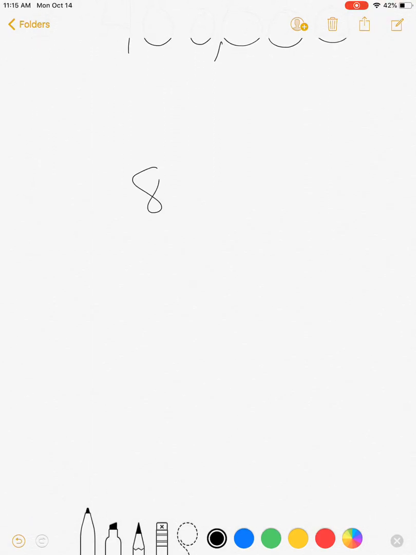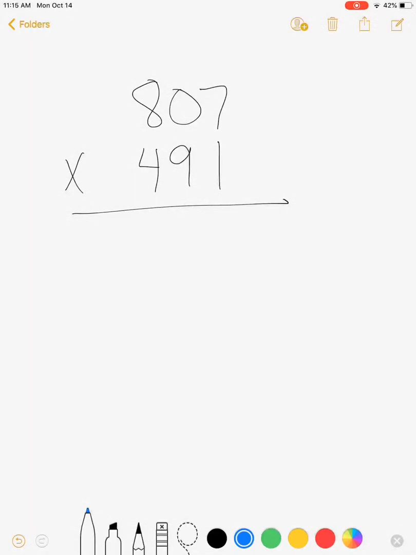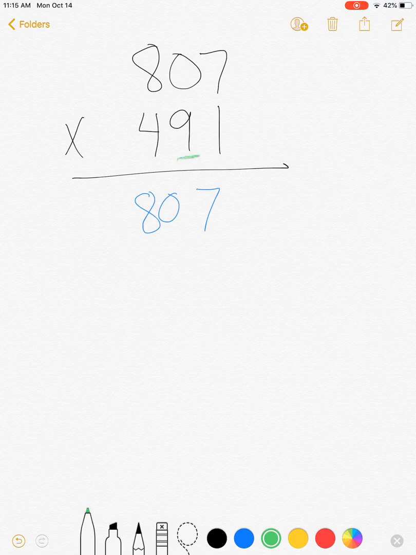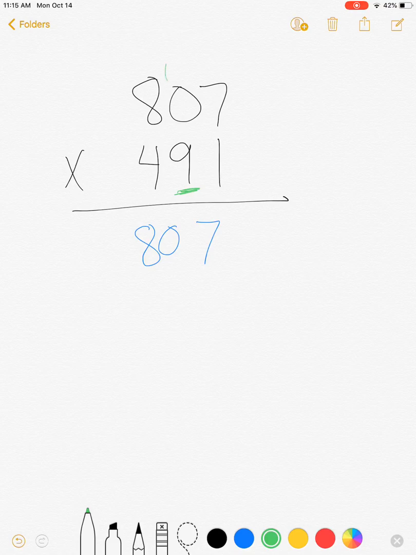Now use the standard algorithm. Ones place first. And I know 807 times 1 is 807. Okay. And then tens place. 9 times 7. Nope. Add the 0. 9 times 0 plus 6. 9 times 8. Now the hundreds place.